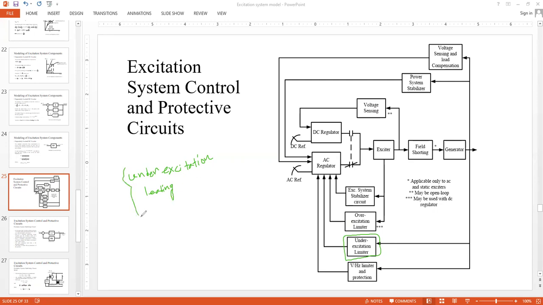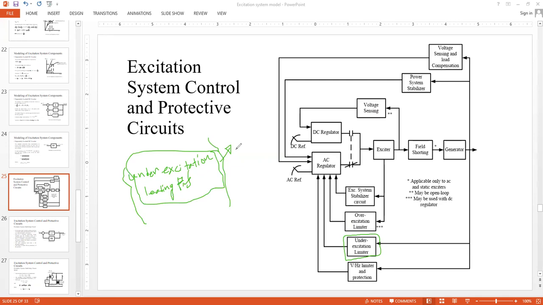So this could easily be understood from the capability curve: leading power factor operation and under excitation. If these 2 things happen at the same time, then it is detrimental to the stability of your synchronous machine. You can easily get the idea from the capability curve.